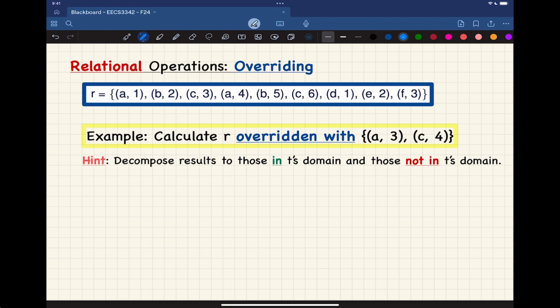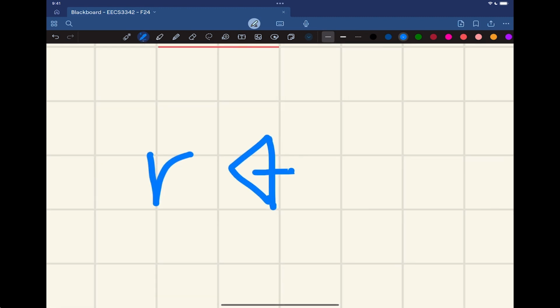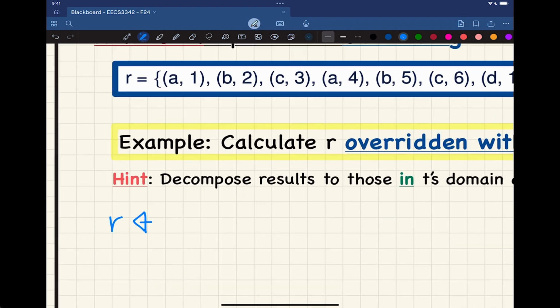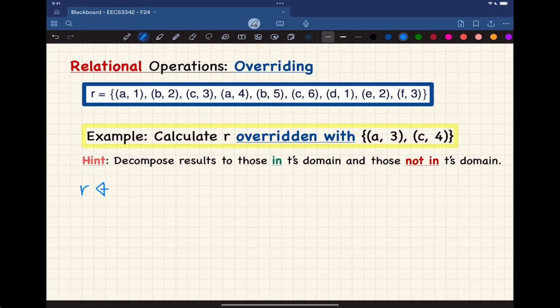What's the notation like? On paper, it's going to be R, the relation, and then you have some triangle over here, but it's not a minus, it's a sign that's just touching, like that. Okay, in case you don't know how to write it, right? It's not really minus inside. And then it's going to take some set.